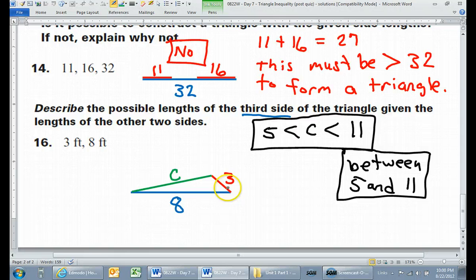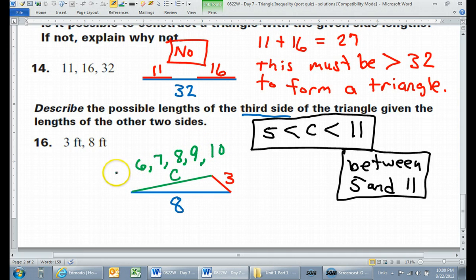So to make a triangle with our 3 not flat in the short way or the long way, C is going to have to be numbers between 5 and 11. So it would have to be numbers like 6, 7, 8, 9, or 10.